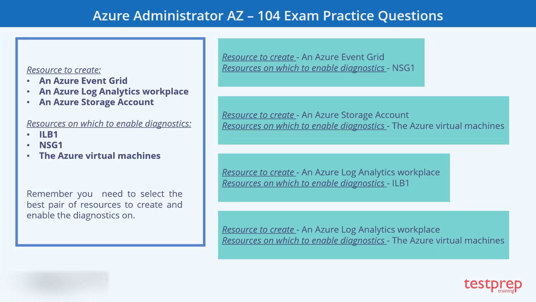Resources on which to enable diagnostics, NSG1. 2. Resource to create, an Azure Storage Account. Resources on which to enable diagnostics, the Azure Virtual Machines. 3. Resource to create, an Azure Log Analytics Workspace. Resources on which to enable diagnostics, ILB1. 4. Resource to create, an Azure Log Analytics Workspace. Resources on which to enable diagnostics, the Azure Virtual Machines.